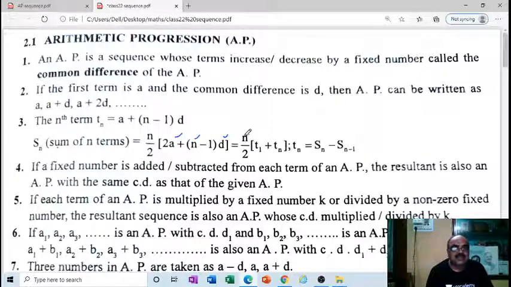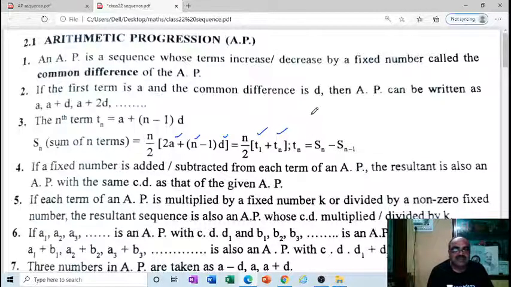It can also be written as n by 2 into (T1 plus Tn), where n is again the number of terms, T1 is the first term and Tn is the last term. See now how the equation changes: n by 2 into first term plus last term. And how do you find that last term? It is the sum of n terms minus the sum of n minus 1 terms.